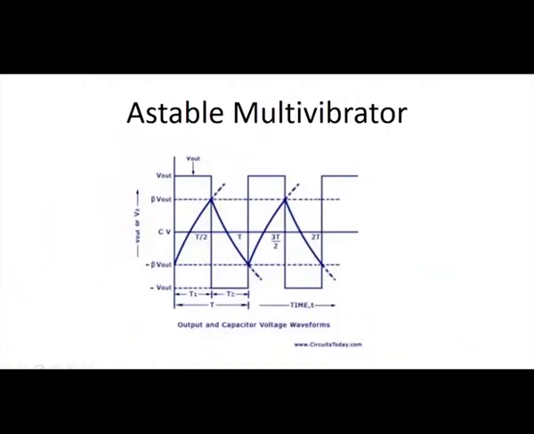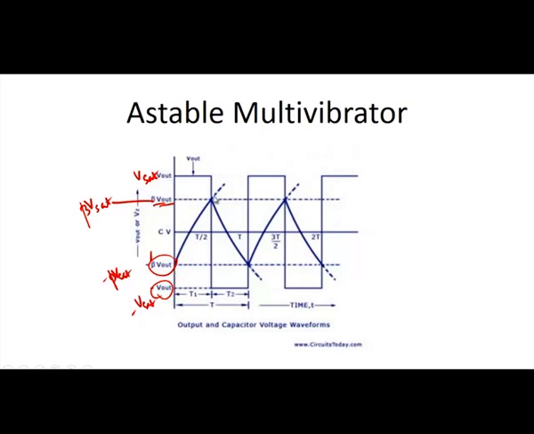Here, instead of V out, you can name this V saturation, and this term beta V saturation. Here too, this is minus beta V saturation and this is minus V saturation. Both are one and the same. V out and V saturation are the same, but for the understanding of the concept, we are writing V saturation instead of V out.